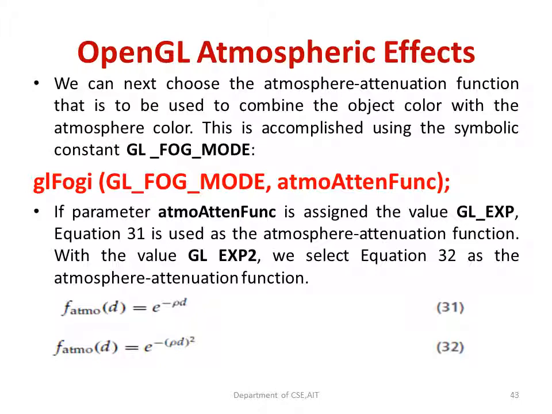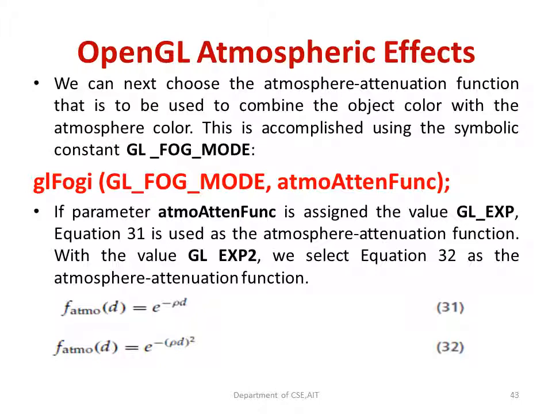This atmospheric attenuation function, based on the theory, can be taken as e to the power of minus sigma d, or it can be sigma d square. So it can be calculated with the exponent to the power of 1, or it can be doubled, the exponent square. This is made use of in the theory.